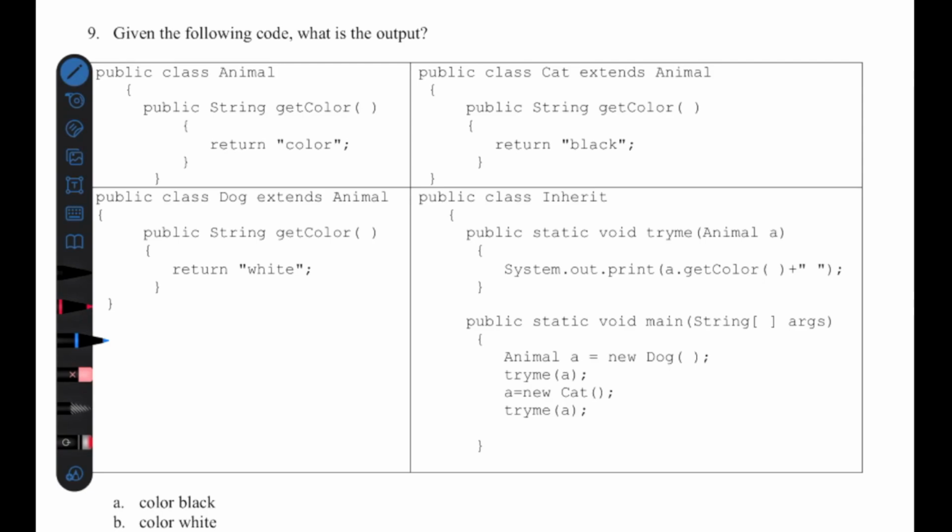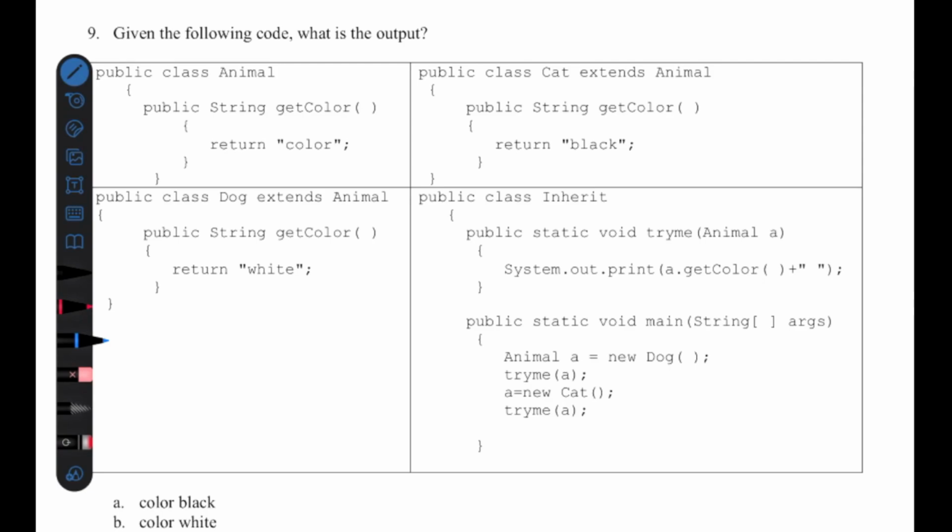And we're given a driver class called class inherit, with a public static void main method and another void method called try me. Try me takes in an animal parameter and it prints the color of that animal followed by a space, using a.get color plus concatenating a space with it. In our main method, we are creating a new animal.